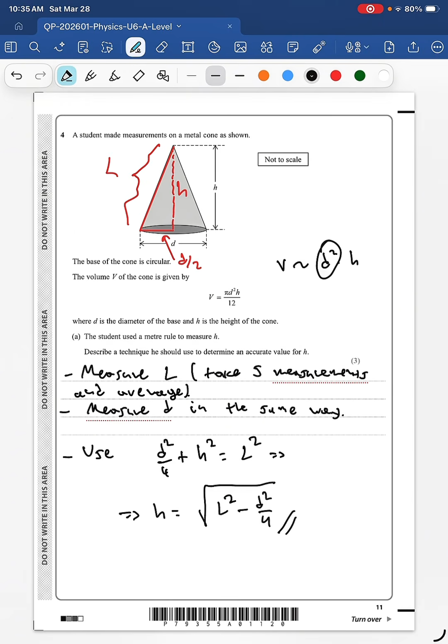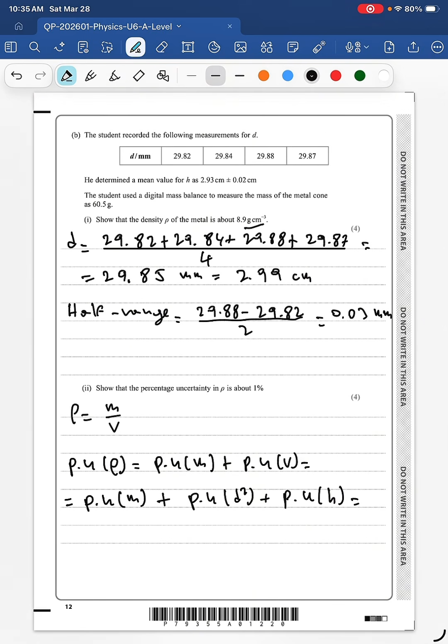If it was absolute uncertainties, you count for that. But for percentage uncertainties, you don't, okay? So we have one more step. So this is equal to the percentage uncertainty in m plus 2 times the percentage uncertainty in d, which is what I said about the percentage uncertainty of a physical quantity to some power, plus the percentage uncertainty in h.